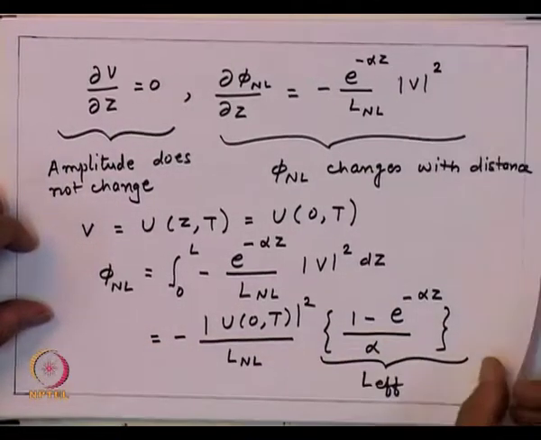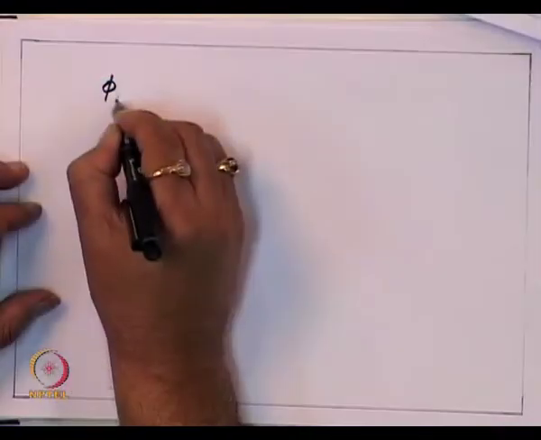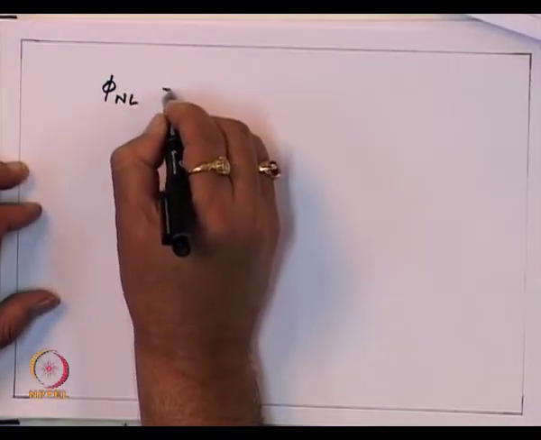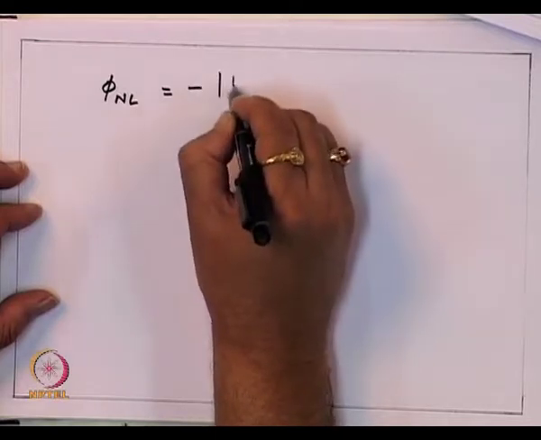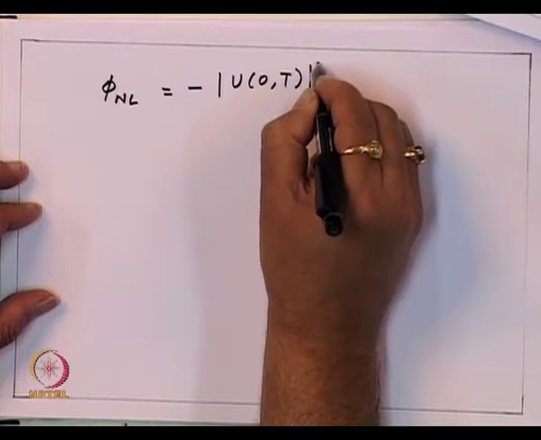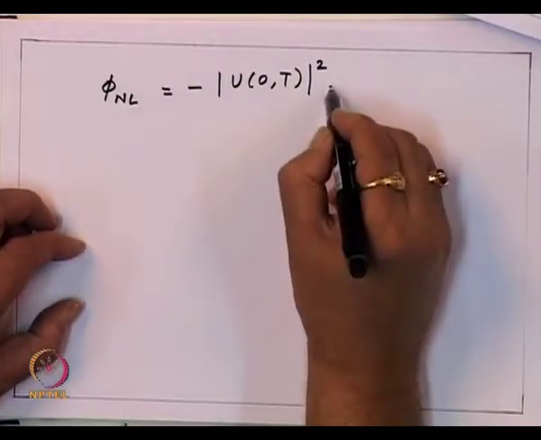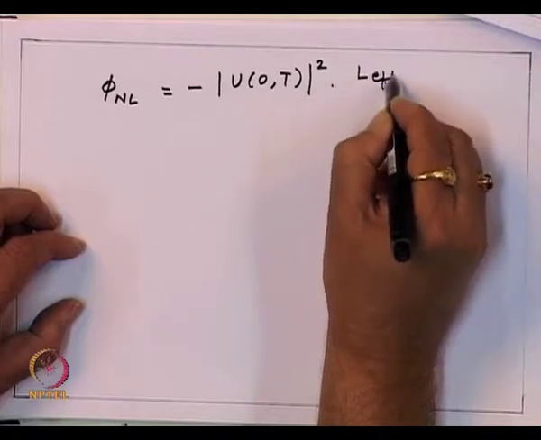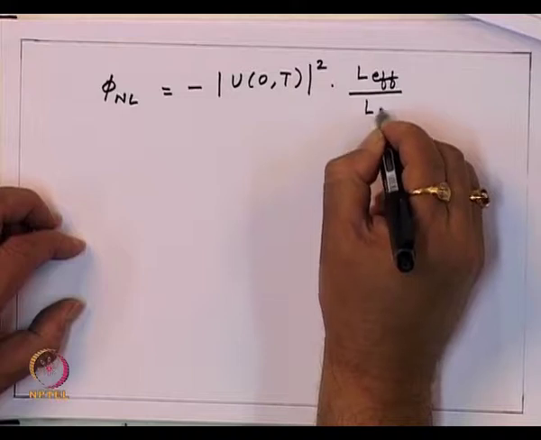So, the nonlinear phase which you see in the pulse, phi NL, is equal to minus the pulse envelope square into L effective divided by L NL.